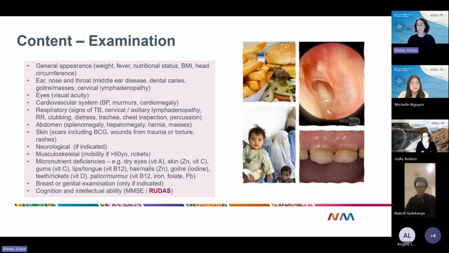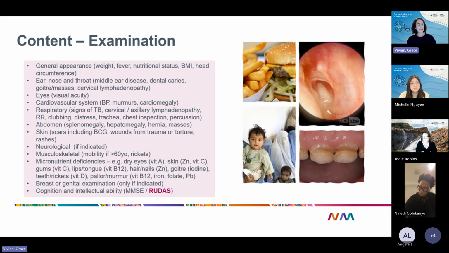In these scenarios, the RUDAS, which stands for the Rowland Universal Dementia Assessment Scale, is much more culturally appropriate than the mini mental state examination. As you're aware, the mini mental state examination asks things like spell world back to front, who's the Prime Minister, what are serial sevens backwards from 100, which requires cultural and education levels that our patients may not have.